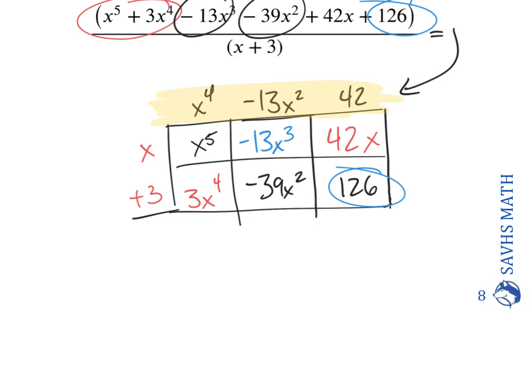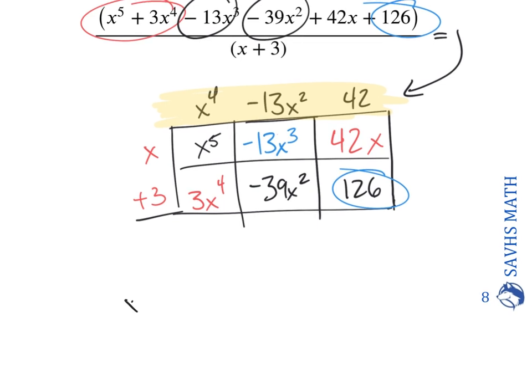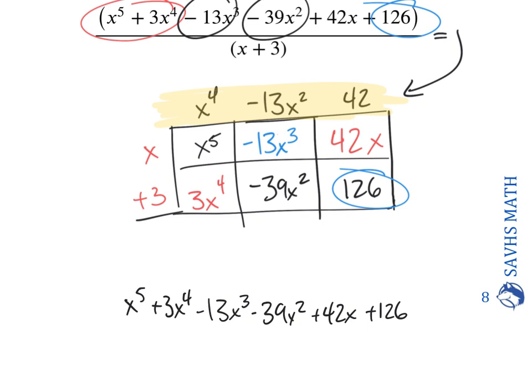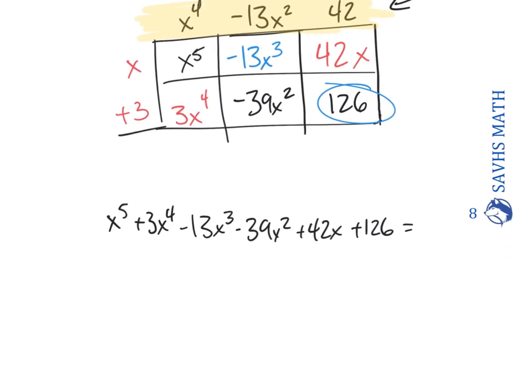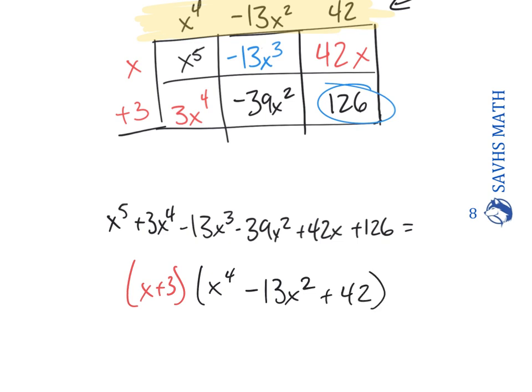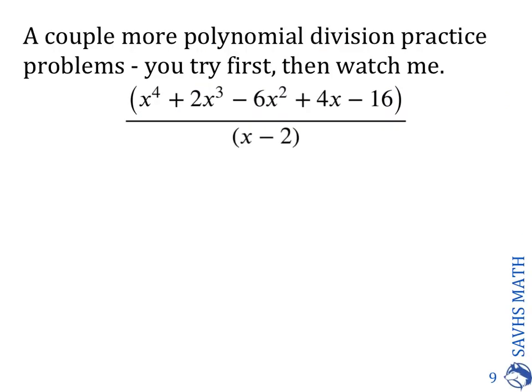Or you can say that all of that stuff, x to the fifth plus 3x to the fourth minus 13x cubed minus 39x squared plus 42x plus 126 is equal to x plus 3 times x to the fourth minus 13x squared plus 42. So that's the division problem, and that's how we can interpret it. You try this one.